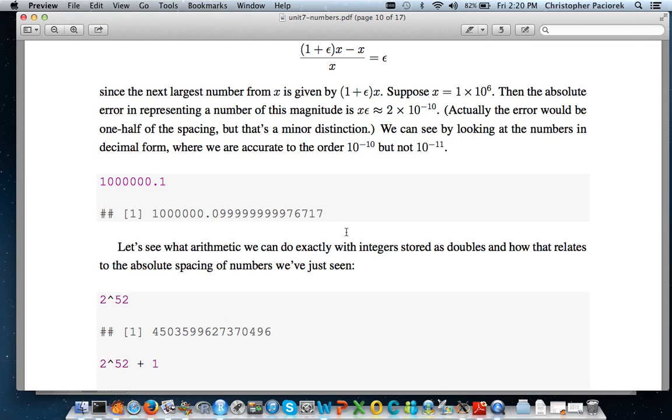Okay, so the next thing I thought we'd do is see this in the context of much larger numbers, and so it might be interesting to do that by looking at what integers we can represent exactly. What I want us to see here is that for up to fairly large integers, we can represent them all exactly in this representation.